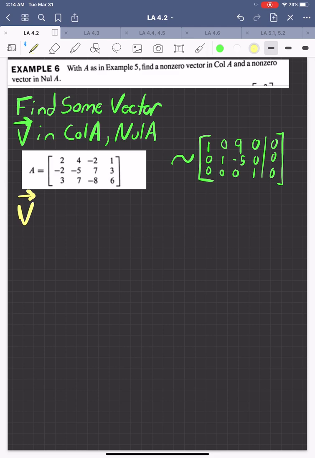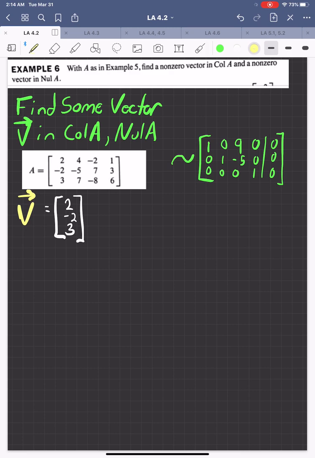Let's just grab one of your columns. I'm going to grab the very first column of matrix A. Okay, so there's a vector in your column space.